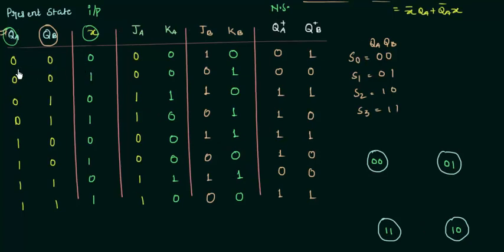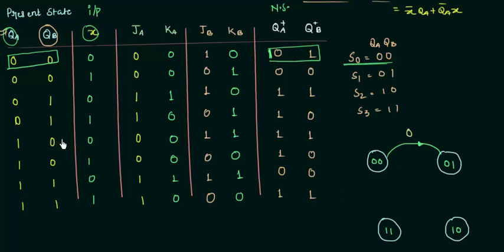Now let's see the first case, when the input is 0 and we are on S0. 0 0 means we are on S0, and the input is 0. So the next state, that is QA plus and QB plus, is 0 1. So from 0 0 we are going to 0 1, and the input is 0.